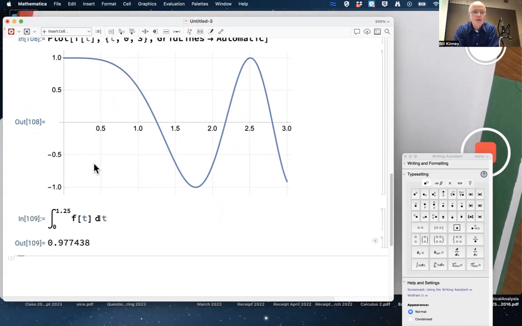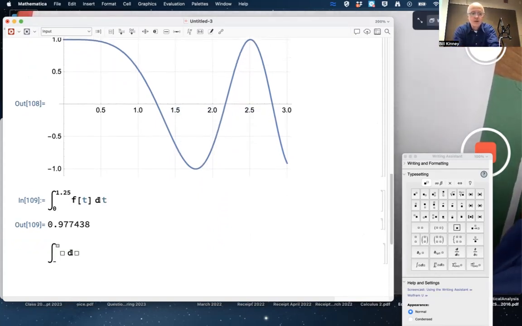Yeah, not too far. Subtract the area here when the graph is below the axis to get an approximation for the area from 0 to, I'm typing in 0, 0 to what? About 2.2?